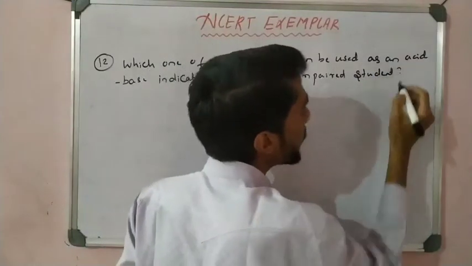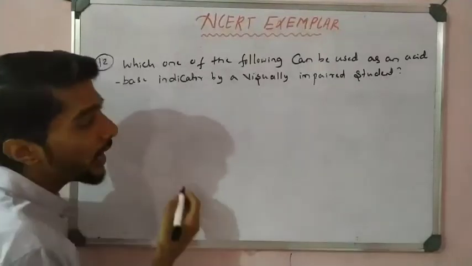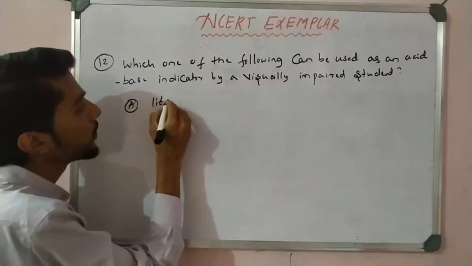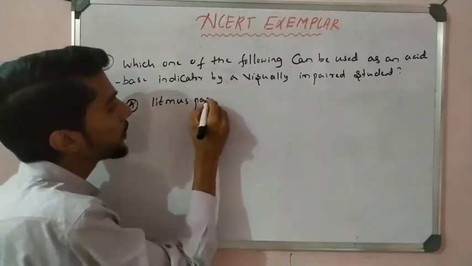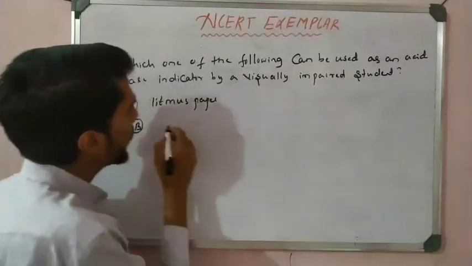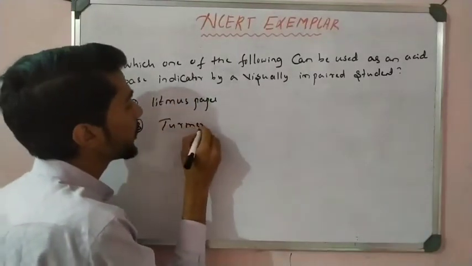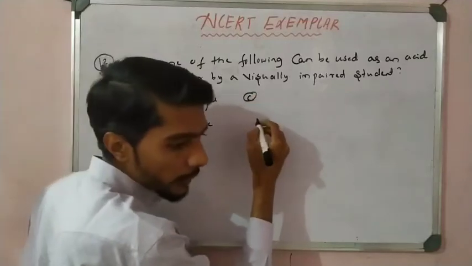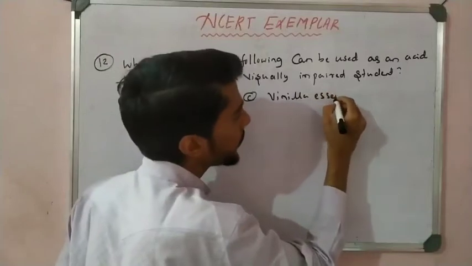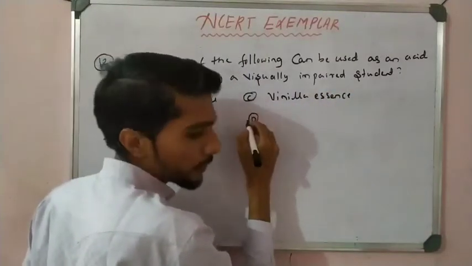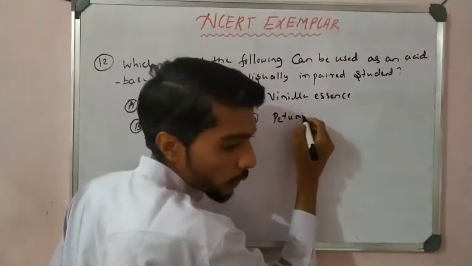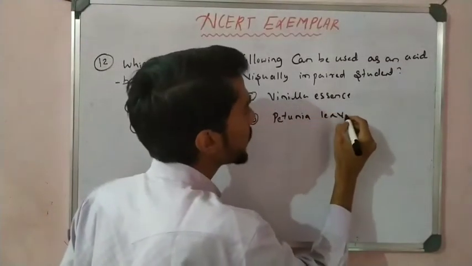If the students are not able to see, they are blind, then how do they test the acid or base, right? First one is litmus paper, option B turmeric powder, option C vanilla essence, and D petunia leaves.